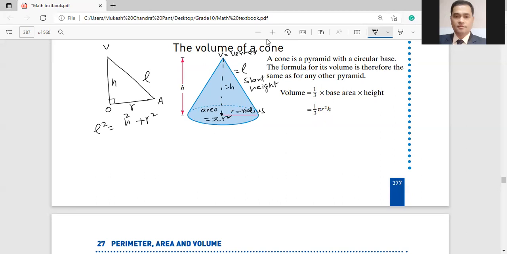R is the base, H is the altitude or perpendicular. So L square equals H square plus R square. This is the relation between these three dimensions. And the formula for the volume is 1 over 3 pi R square H. Okay, so we move to the exercise.